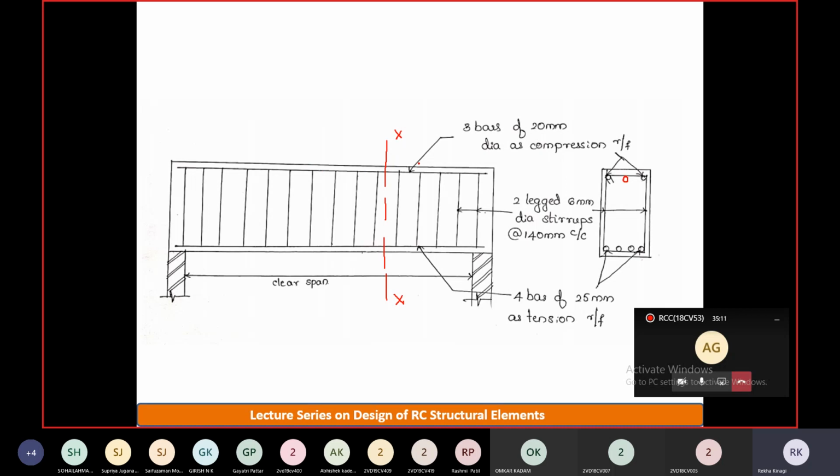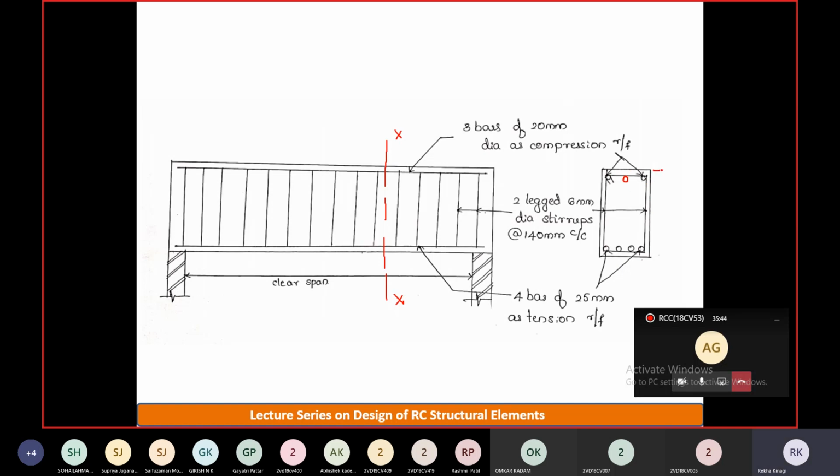There are 3 bars of 20 mm diameter as compression reinforcement, and the same are shown like dots in the cross section, and the vertical bars or vertical strands here in the longitudinal section represent the stirrups, that is 2-legged 6 mm diameter stirrups at a spacing of 140 mm center to center, and it is visible like a ring in the cross sectional view.